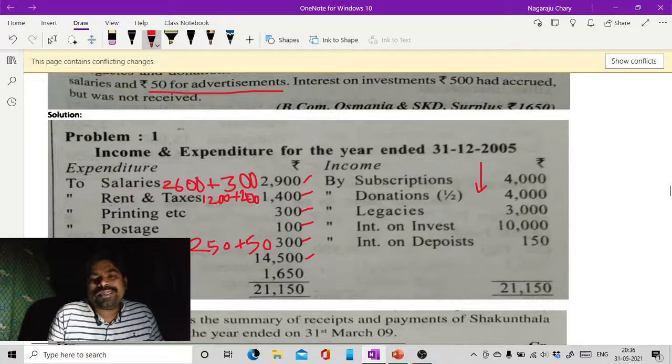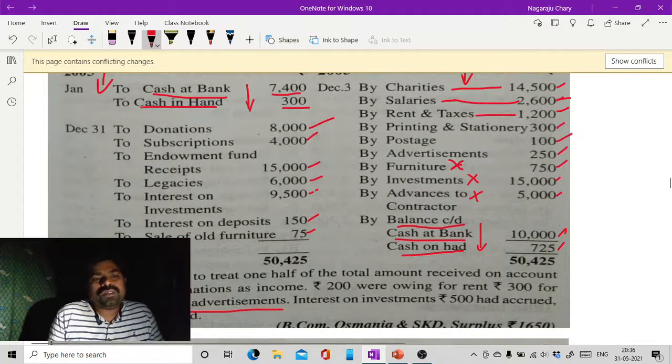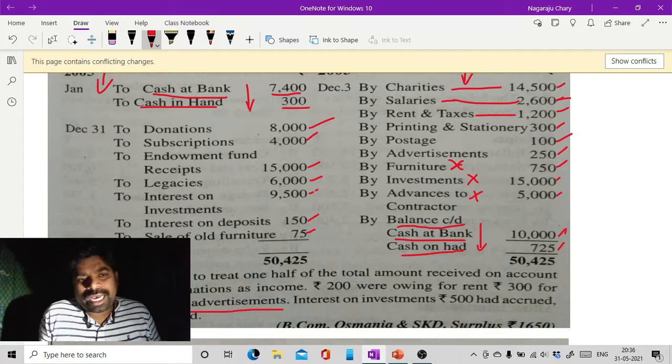Right. Next, donations 8,000. What is said for donations? It was decided to treat one half of the total amount received on account of legacies and donations as income. So whatever legacies and donations have been received from members by the organization, 50% of that amount is to be treated as income.